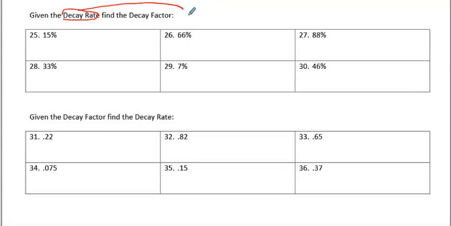Decay starts with D, so it does decrease. Right, so you're always starting at 100%, and then I'm going to decrease or deduct something, right? On the first one, it's going to be 100% minus 15%, which is equal to 85%.